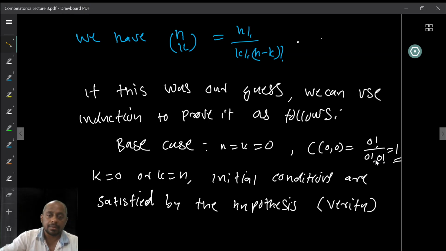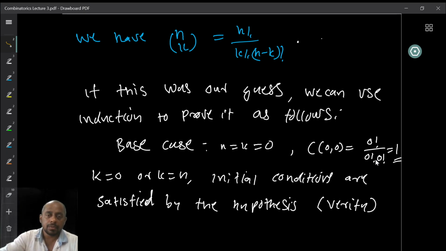So once it reaches the boundary conditions, the initial conditions are satisfied. This we can verify by substituting in the formula. Now you can verify it yourself.